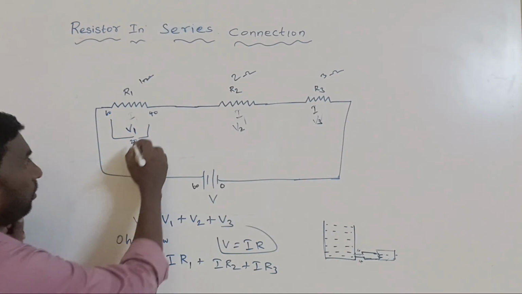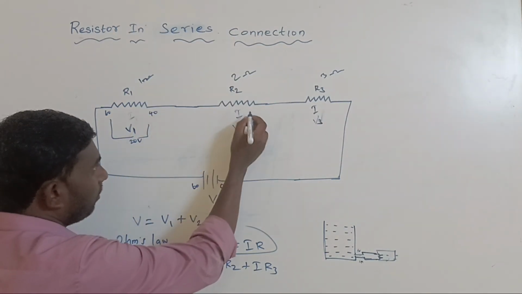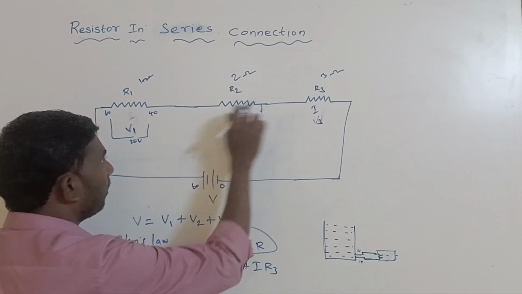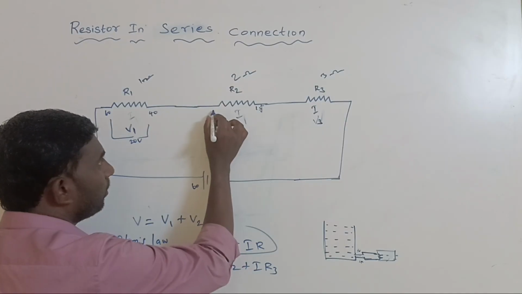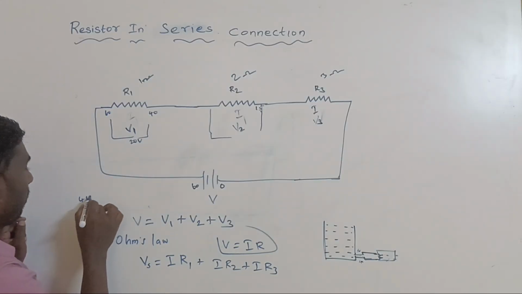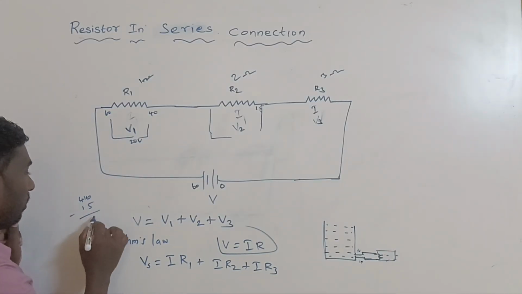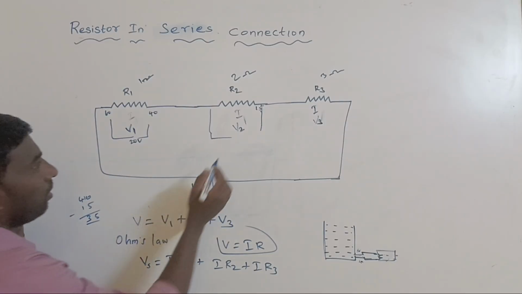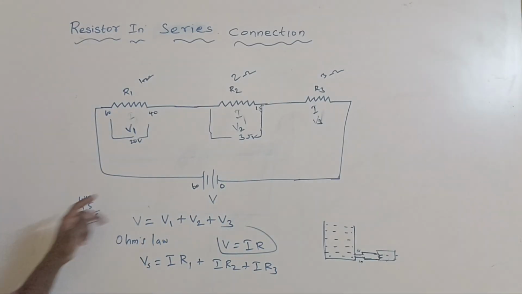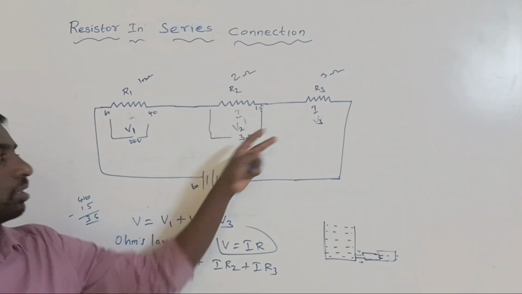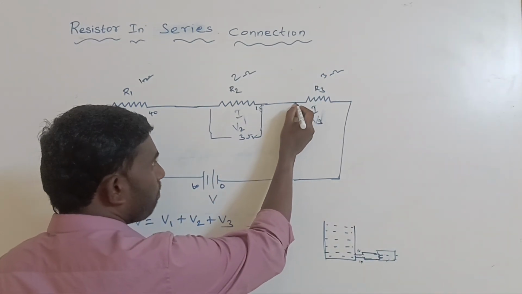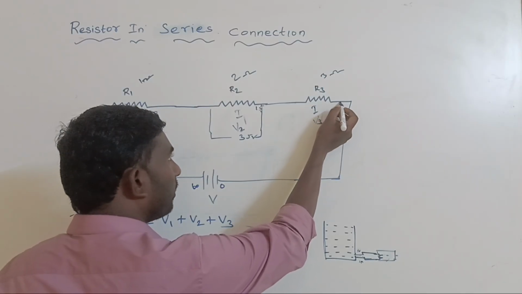Here 40 charges, but it allows only 15 charges, that means 40 minus 15, so 35 charges. So here 35 volt between the 2 points. Consider here 0.